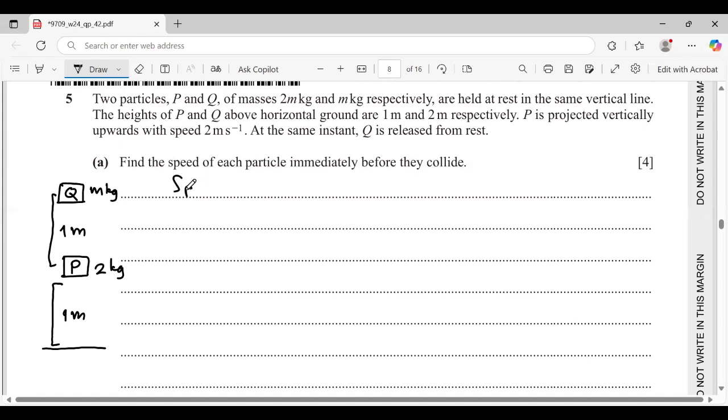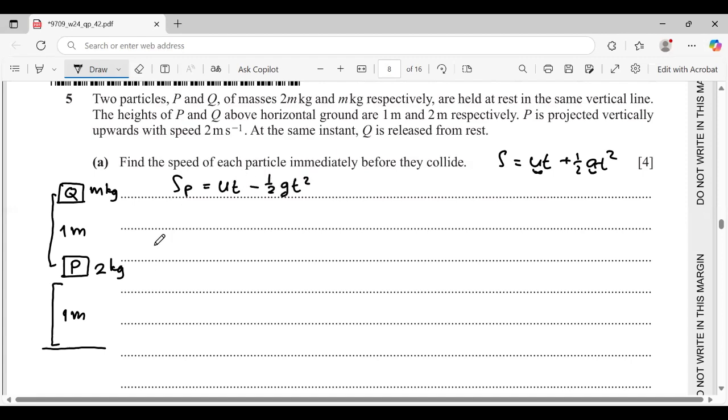So SP, we are going to use the formula s equal ut plus 1/2 at squared. This is the initial velocity and its acceleration. We are going to use gravitational acceleration 9.8, right? So SP equal ut minus 1/2 gt squared. Why minus?